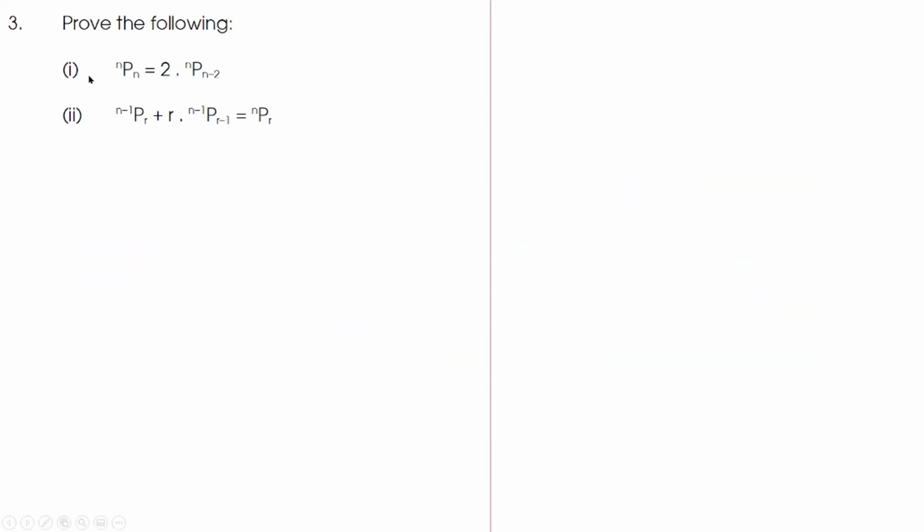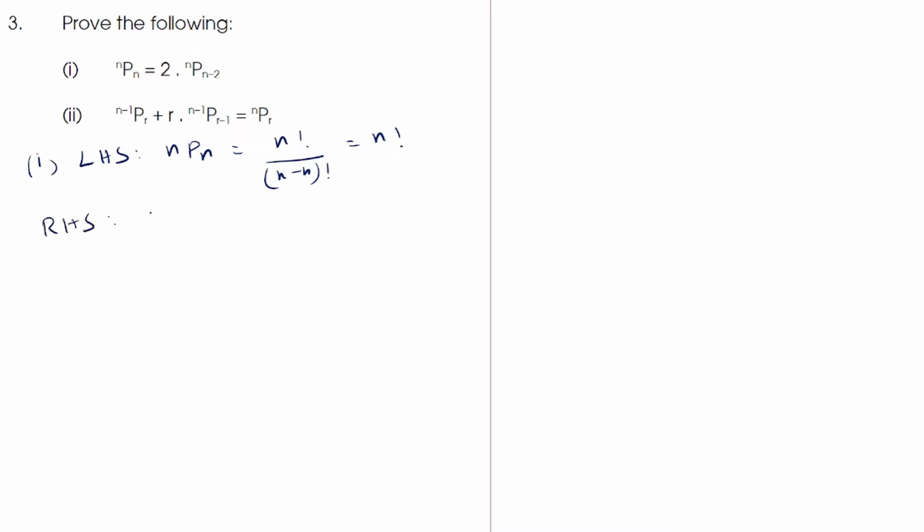Next question, prove the following. nPn is equal to 2 into nP(n minus 2). So first let us take the left hand side. nPn is n factorial by (n minus n) factorial, that is 0 factorial, so it is n factorial.